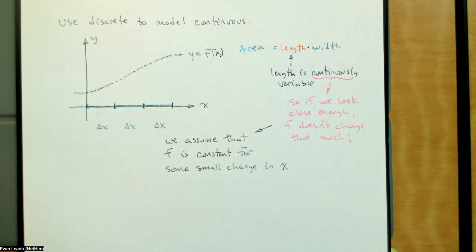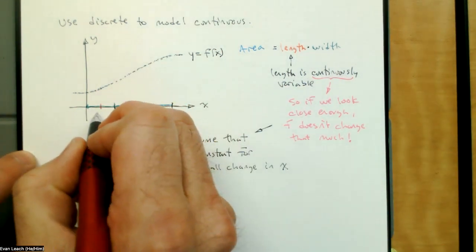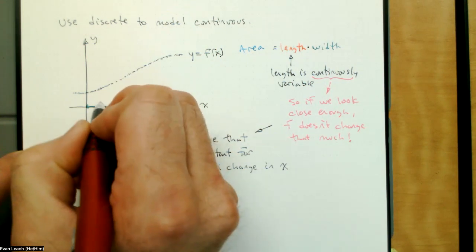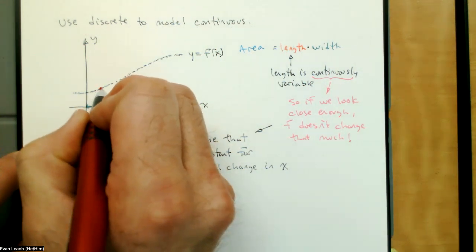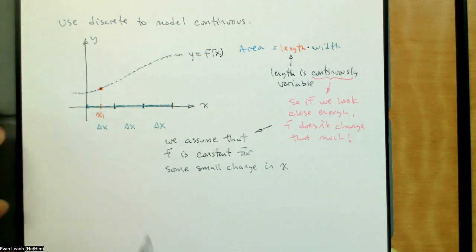Now on each of those small changes in x, we're just going to choose a value for the function. I'm just going to pick a point, say x1, and evaluate the function there. Whatever that value of the function is there, that's what it's going to be for that whole delta x.